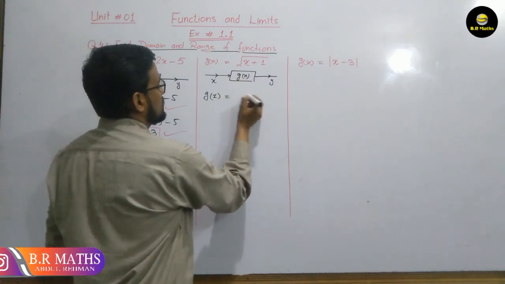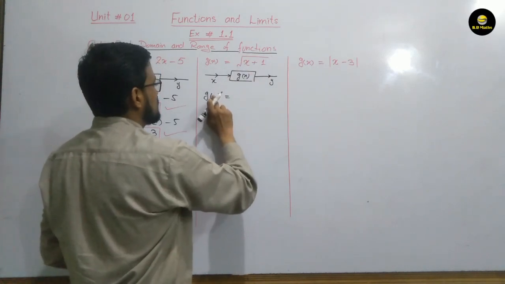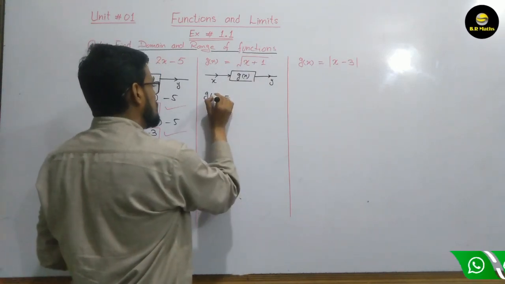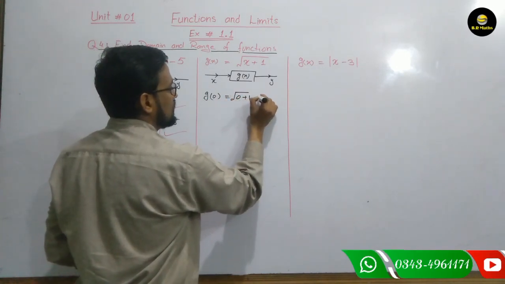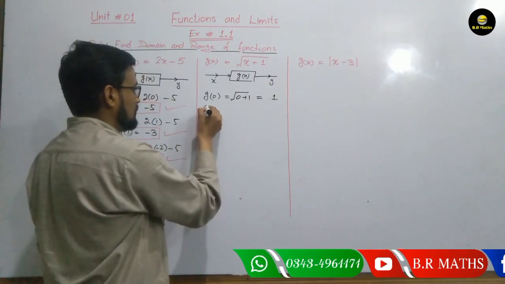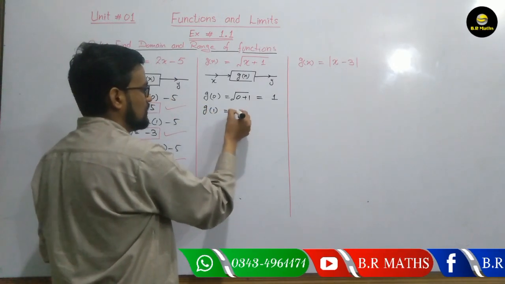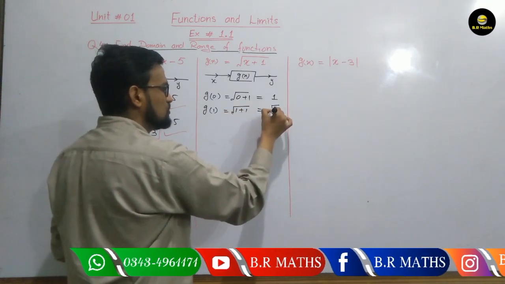So x, this is a function, so put the same value 0 in the function: 0 plus 1, and the result is 1. Then 1 plus 1, and the result is square root 2.